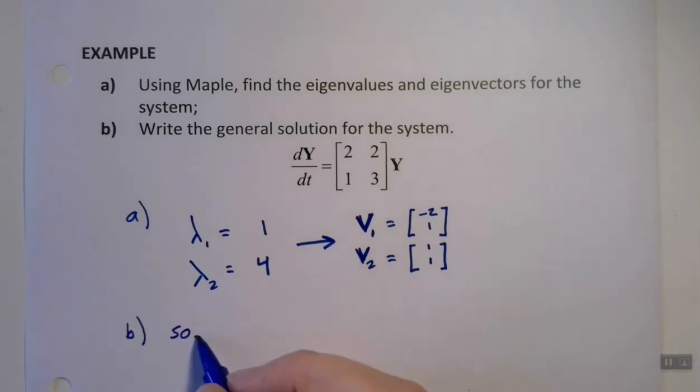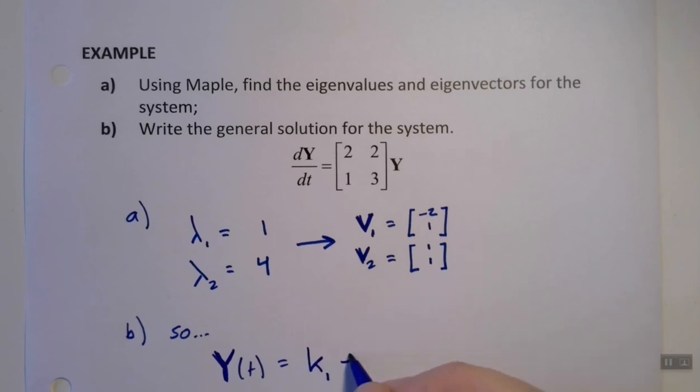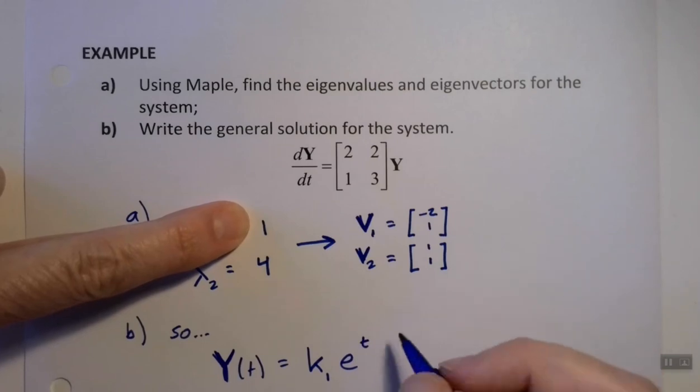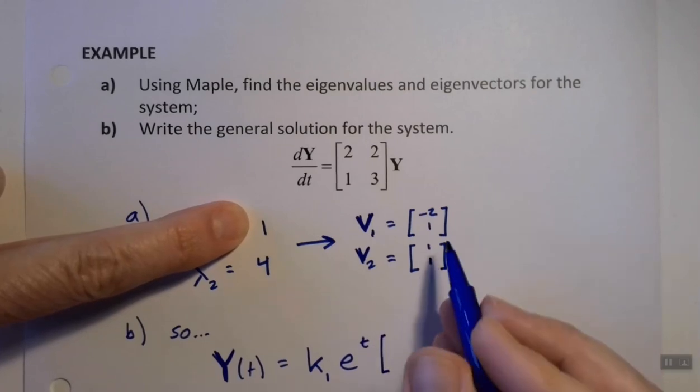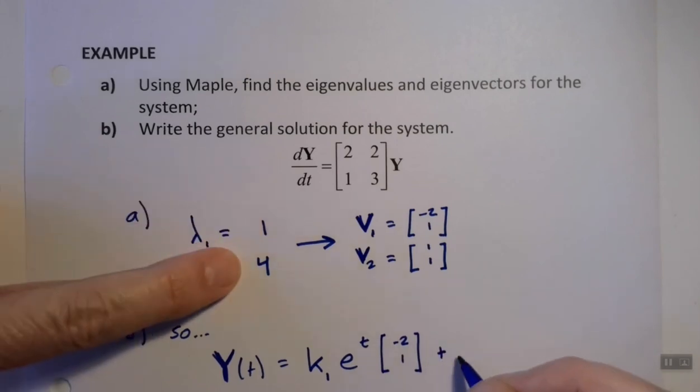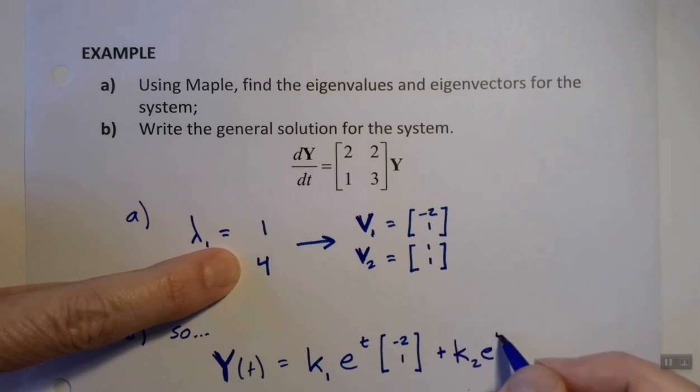That means that the general solution for this is going to look something like y of t equals some constant times e to the lambda 1 t, so just 1 times t, times its eigenvector, plus k2 times e to the lambda 2 t, times its eigenvector.